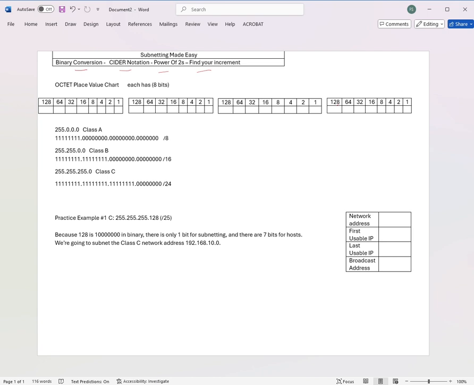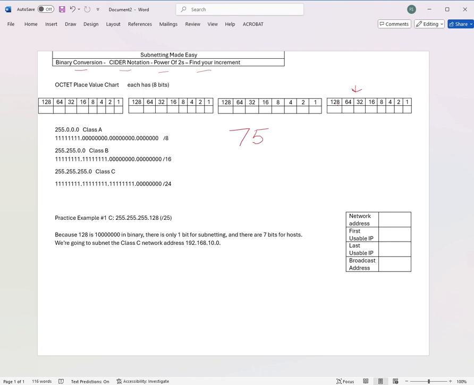Let's walk through a binary example by converting the decimal number 75 to binary. And we're going to do it in this octet right here.